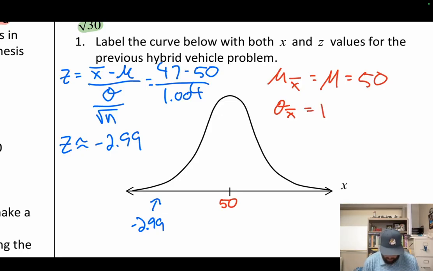So then as we build this out going each way by standard deviation, we can go down and up by 1 each. All right, so -1, -2, and then -3.